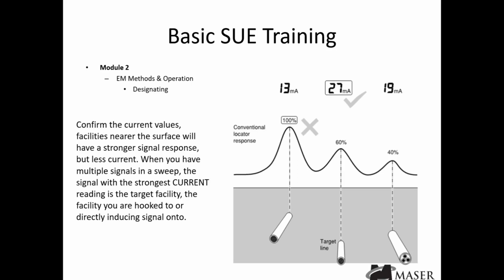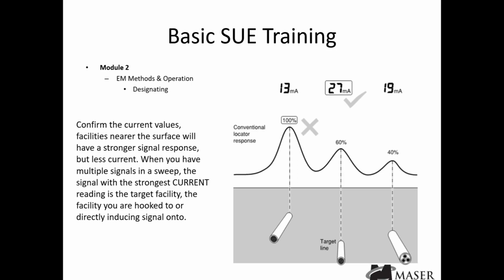That is always going to be the facility that you are hooked up to, whether it's inductively or conductively, whether by clamp or dropping the box. The facility that you have targeted, that you have hooked up to, is the facility that is going to carry the highest amount of current.